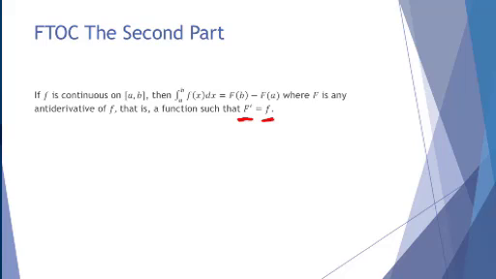So now, when I'm asked to integrate a function from a to b, instead of using the limit definition, if I can come up with an antiderivative of that function instead, what I can do is simply take the antiderivative, plug in b, the antiderivative, plug in a, and take the difference of those two. So let's take a look at how we can use this to help us.